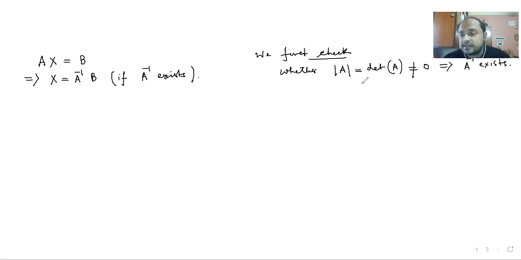Now, if the matrix is of order 2 by 2 or order 3 by 3, then easily you can find the determinant. We are familiar with this particular calculation.